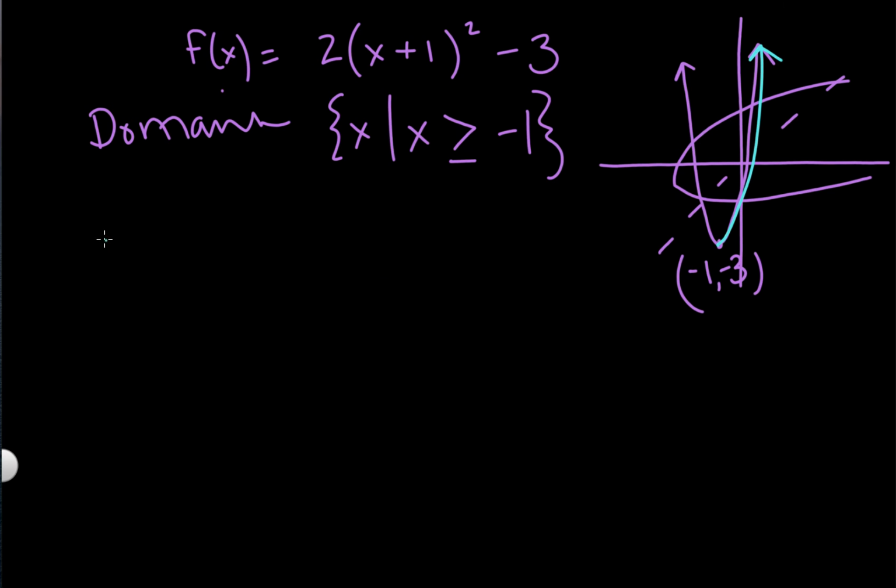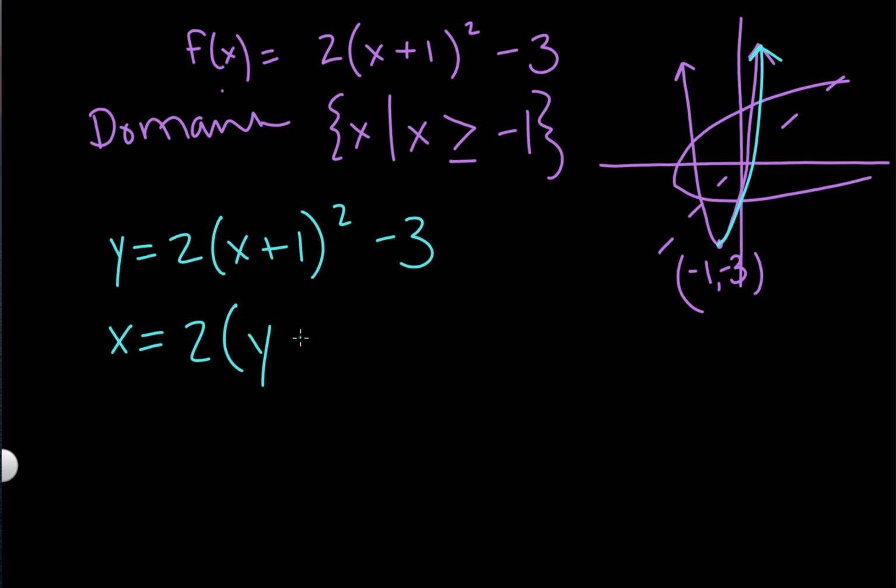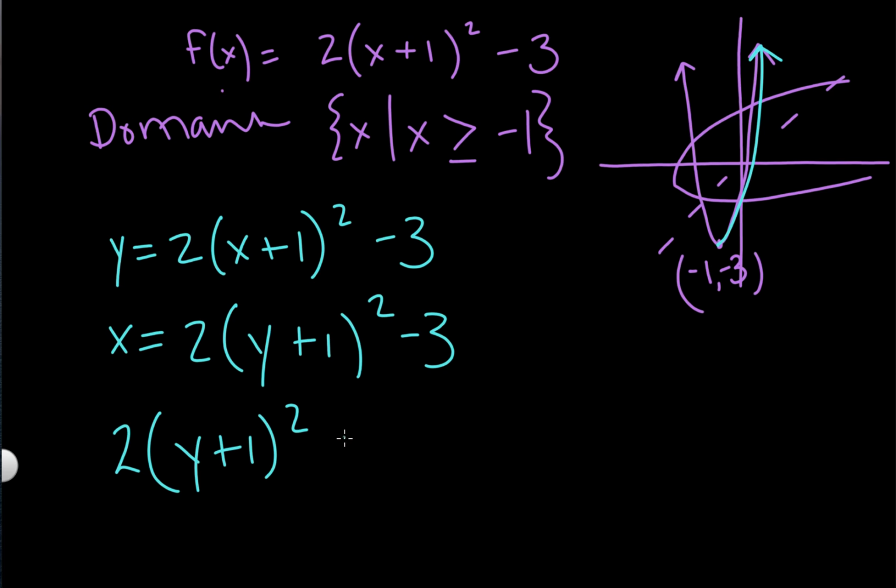So now when I find my inverse, I take y equals 2 times the quantity x plus 1 squared minus 3, flipping the x and the y. x equals 2 times the quantity y plus 1 squared minus 3. So now I've got 2 times the quantity y plus 1 squared equals x plus 3.